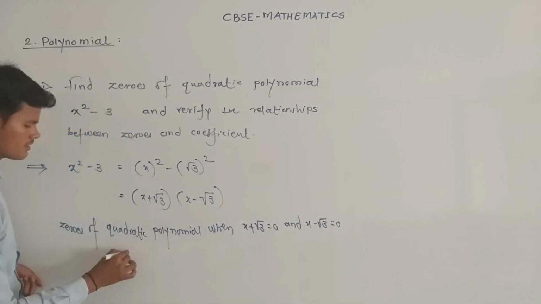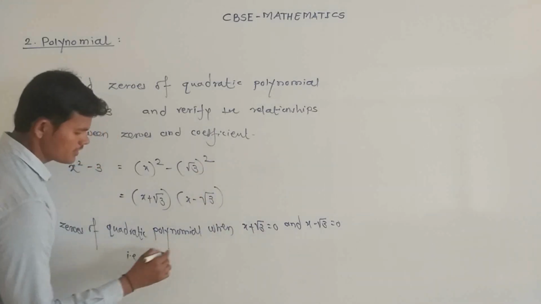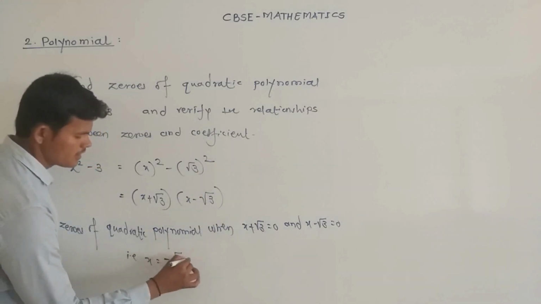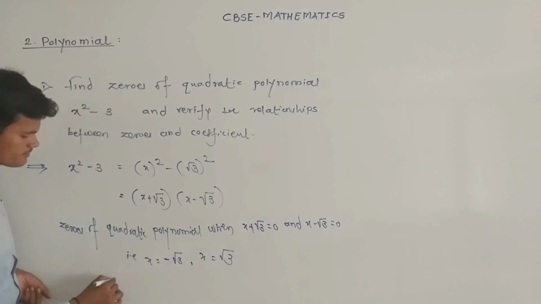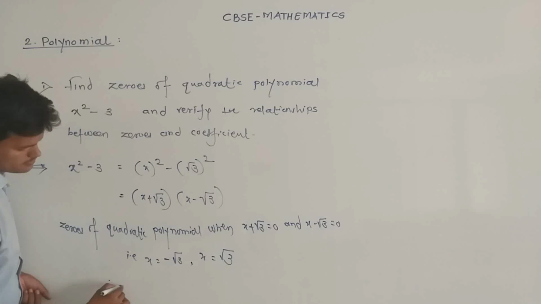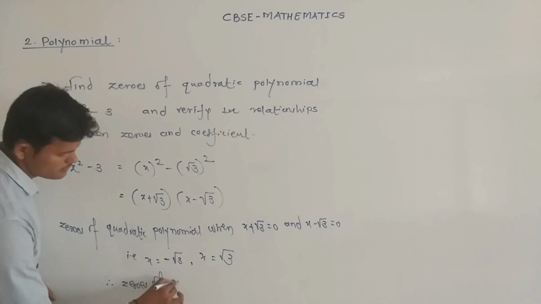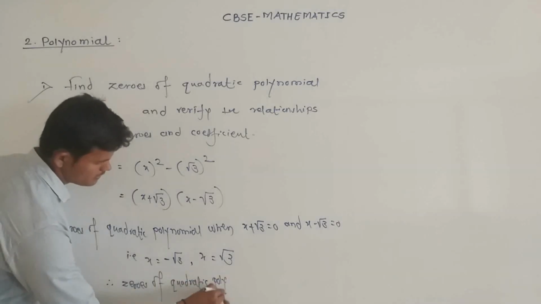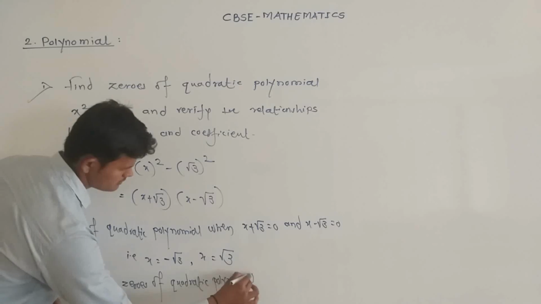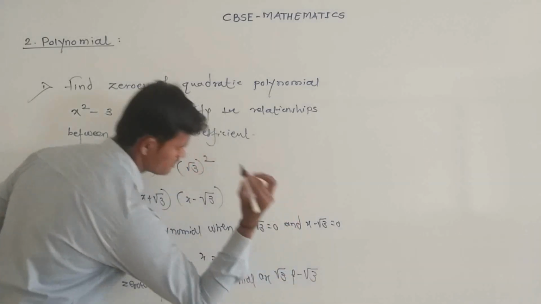That is, we get x is equal to plus under root 3 goes to the opposite side, so we get minus under root 3, and x is equal to under root 3. That is, the zeros of the quadratic polynomial are under root 3 and minus under root 3.